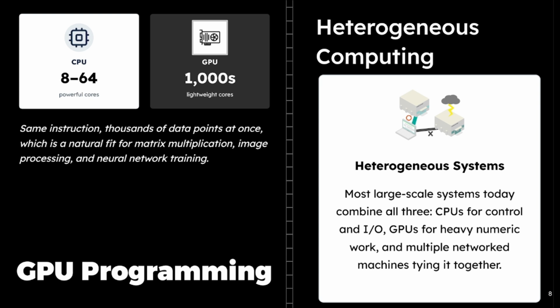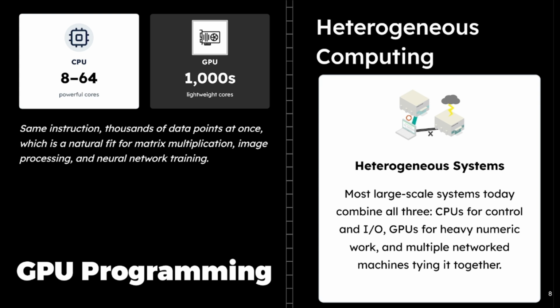Kirk and Hwu's textbook, Programming Massively Parallel Processors, goes deep into this architecture and into CUDA, which is the programming model most commonly used to write GPU code. The catch is that GPU programming requires you to think differently about memory. You have to explicitly manage data movement between the CPU's memory and the GPU's memory, and organize your threads into blocks and grids to get good performance.